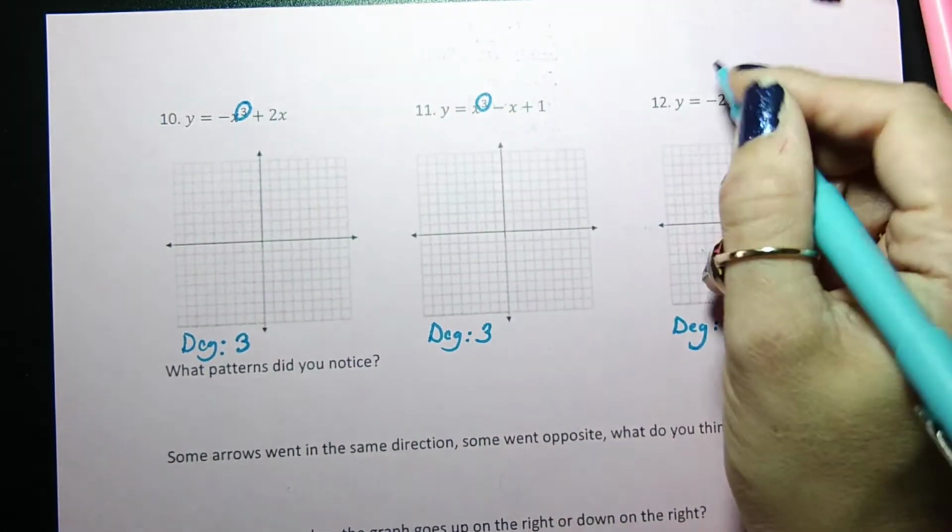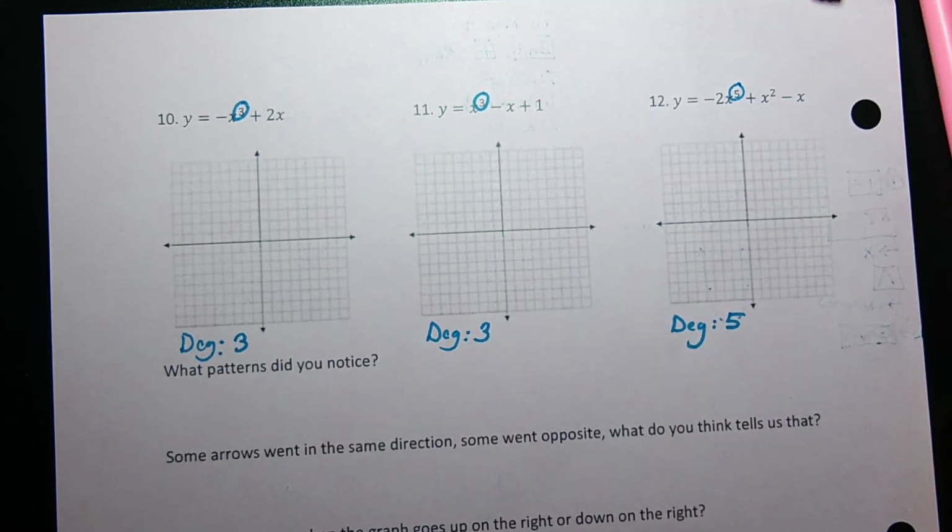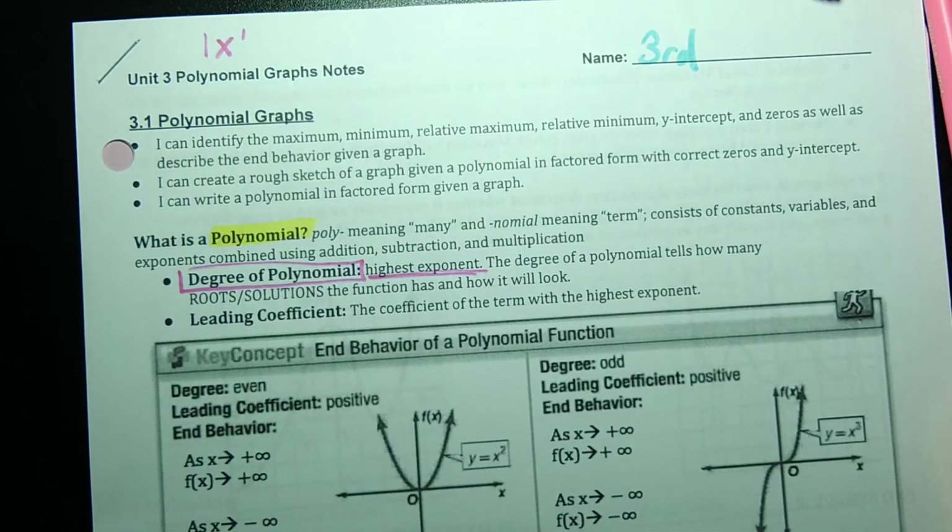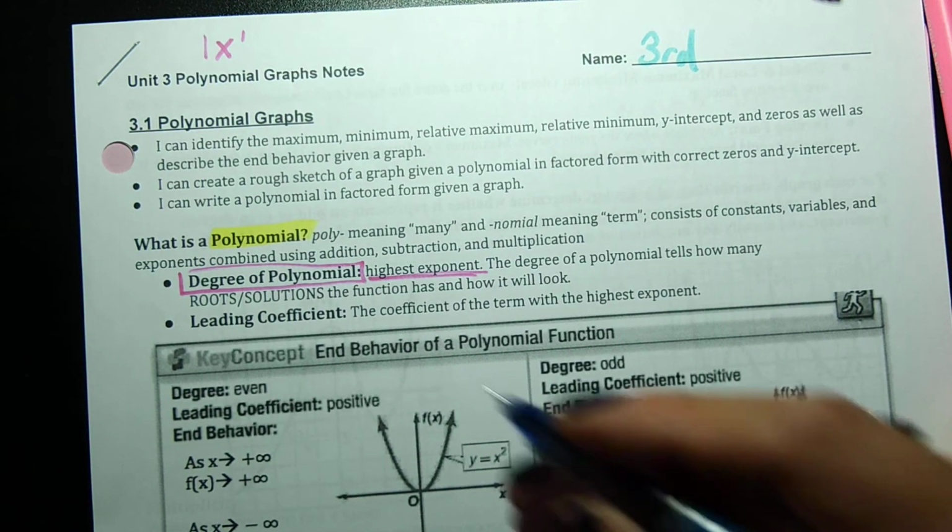So notice that in all of these equations that we looked at, the highest power was always in the first term. We call this kind of layout or format standard form.